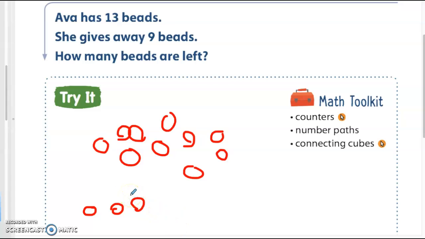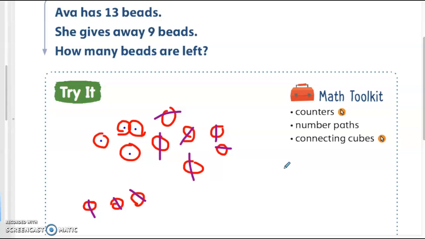So let's cross off 9. 1, 2, 3, 4, 5, 6, 7, 8, 9. Let's see how many we have left. 1, 2, 3, 4. So one of the things we need to think about is how many beads are left. I hope you said there are 4 beads left.